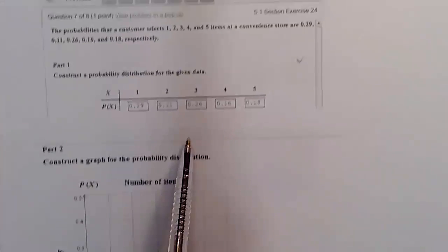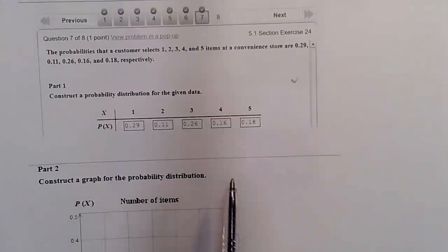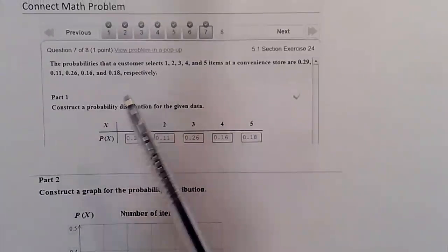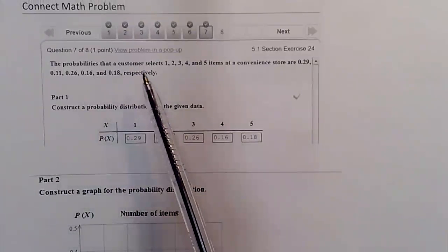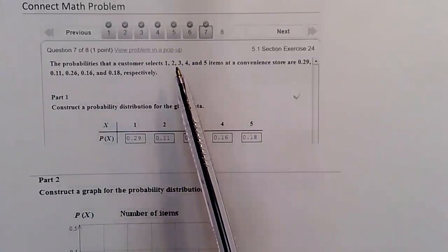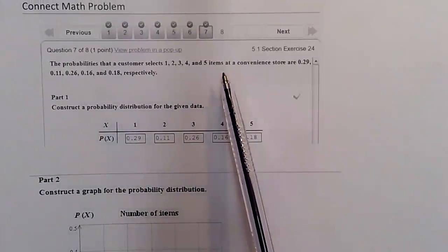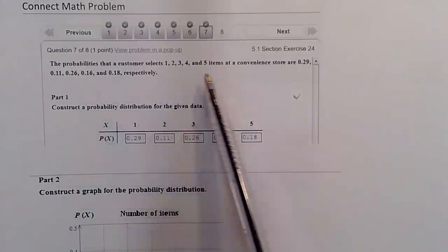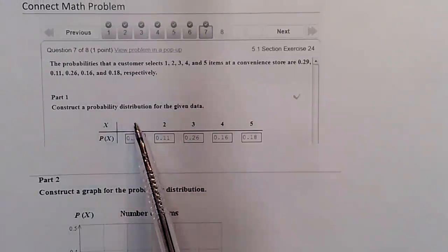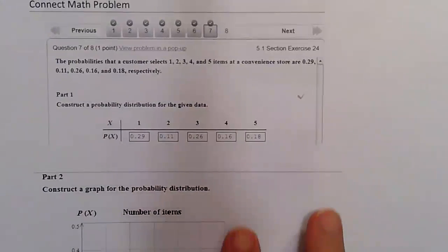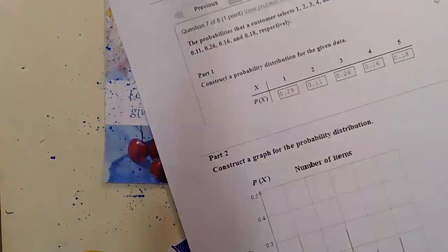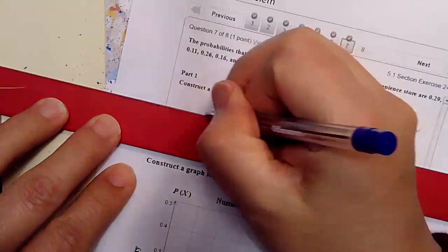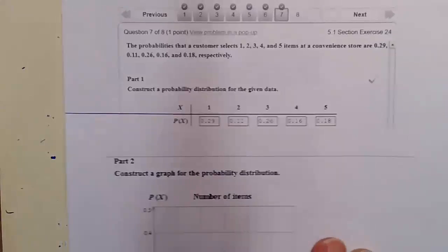I wish they had left these blank so we could fill them in, but I don't know why they didn't. It says here that the probabilities that a customer selects either one, two, three, four, and five items at a convenience store are respectively these probabilities. So X here, let me extend this out. They didn't put the description here. They just put X, the random variable, and P of X, you already know that's probability.